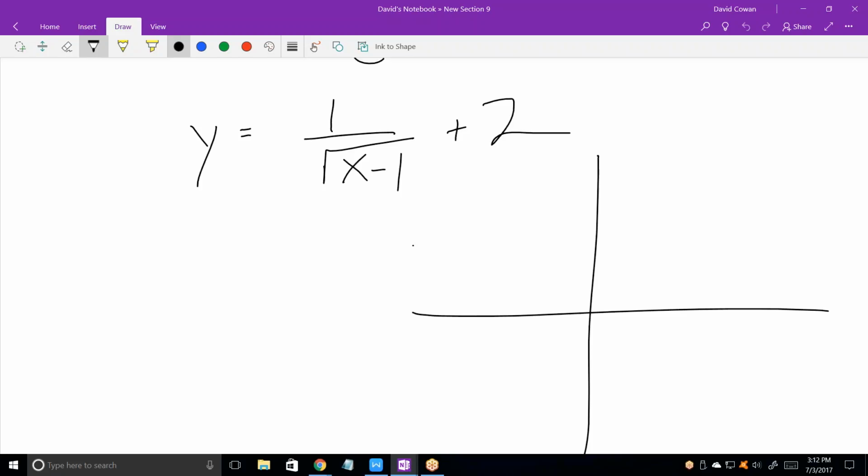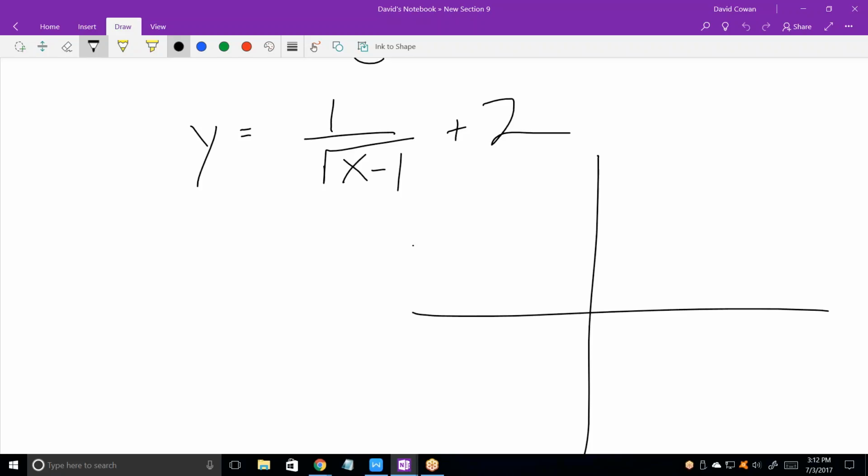Okay. There's a degree of difficulty to learning how to use these graphing calculators, especially if you're not used to them. But anyway, what a graphing calculator would do is you could put this function into it and it would graph it for you.